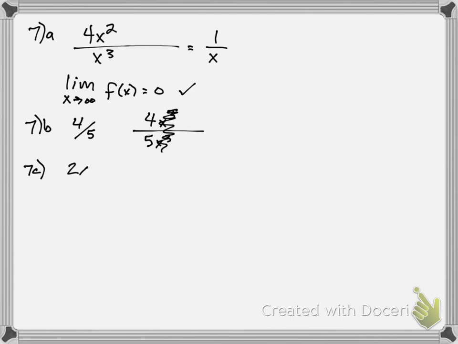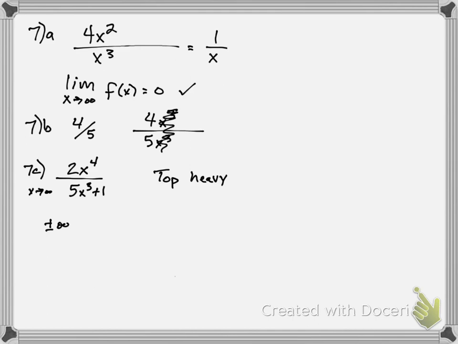Okay, 7c. I'm going to write this whole thing out: x to the fourth over 5x to the third plus 1, as x goes to infinity. So this one's top heavy. Go back. What does top heavy mean to us? It's either going to positive or negative infinity, so we got to plug in to see what kind of infinity it's going to be.